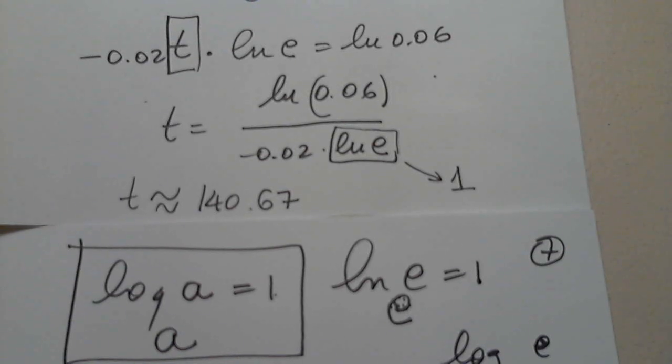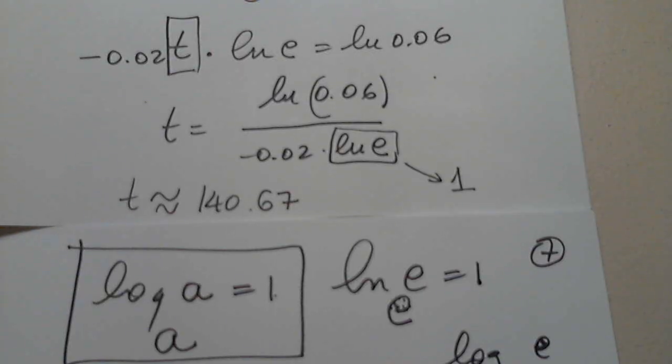Is it true? I have no idea, but here's what I'm going to do. Second e, in parentheses, I will put negative 0.02 multiplied by the entire previous answer. I don't want to round it up. You could enter 140.67, but I don't want to, because the answer is right here.